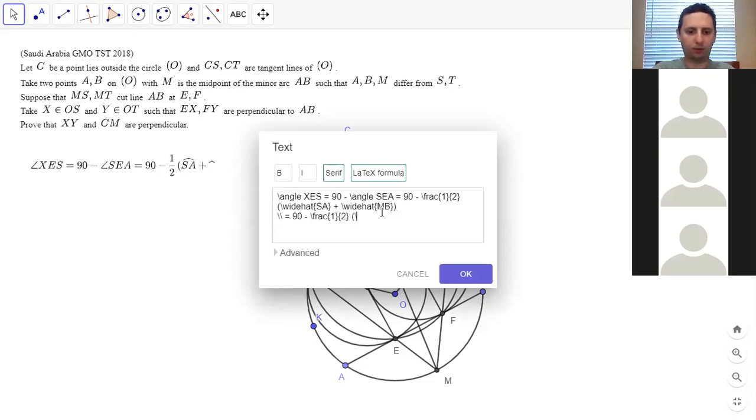Copy paste doesn't work so well within the text box, so I usually retype everything. So that's 90 minus half of SM.